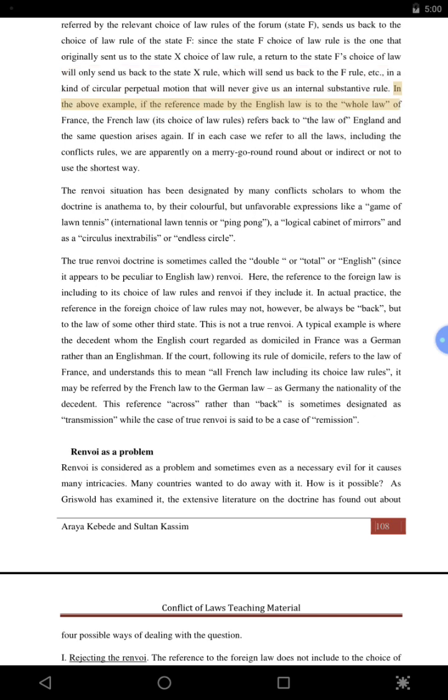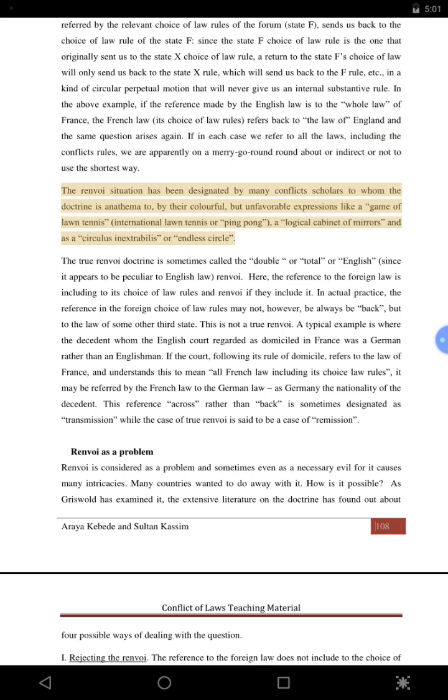In the above example, if the reference made by the English law is to the whole law of France, the French law, its choice of law rules, refers back to the law of England, and the same question arises again. If in each case we refer to all the laws, including the conflicts rules, we are apparently on a merry-go-round, roundabout or indirect, or not using the shortest way.